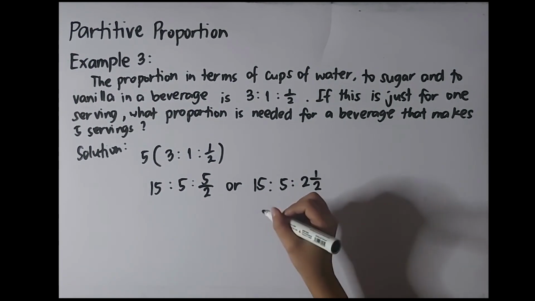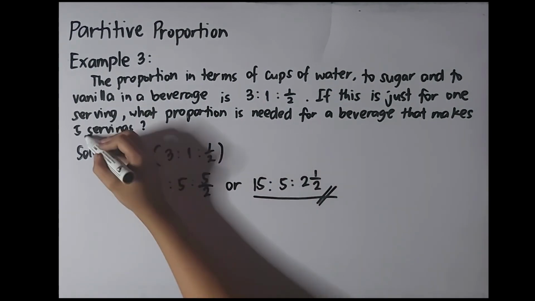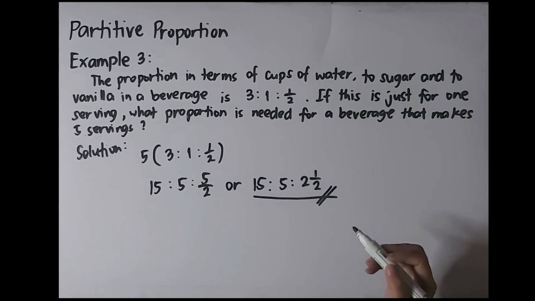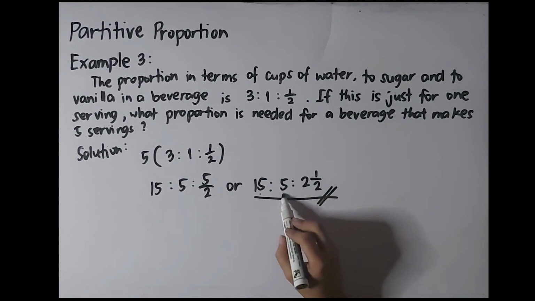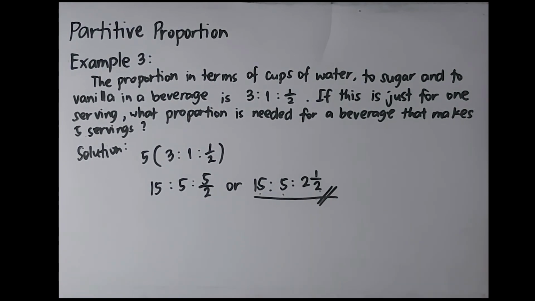So this is the proportion for 5 servings of the beverage. So we have 15 cups of water, 5 sugar, and 2.5 vanilla for the 5 servings.